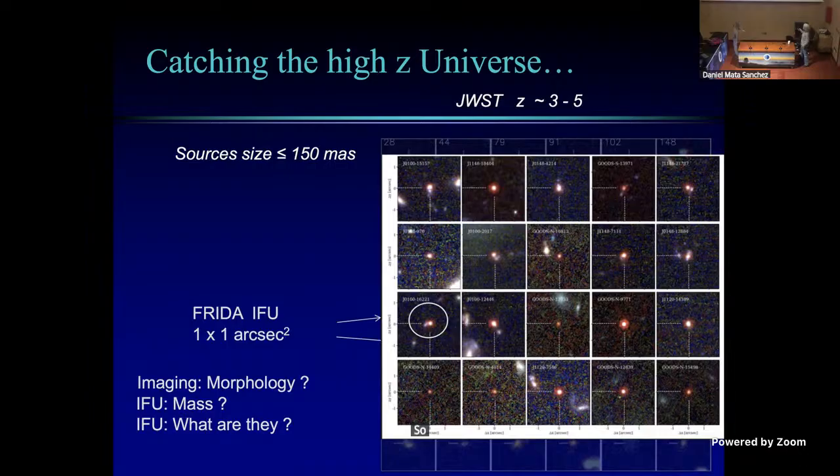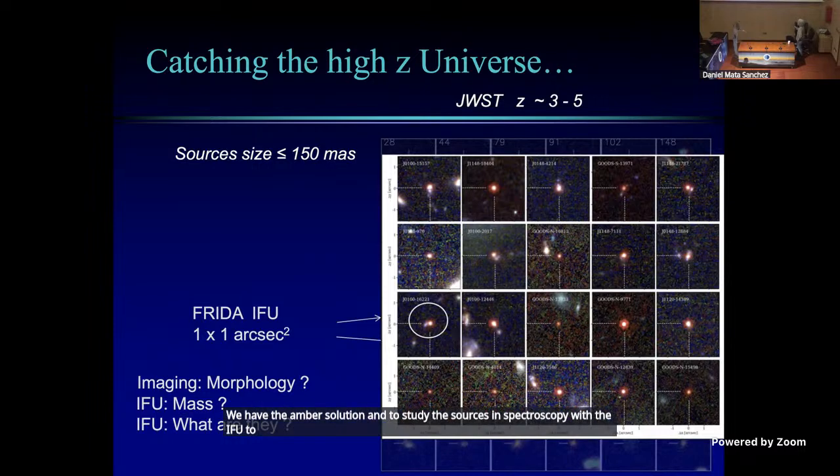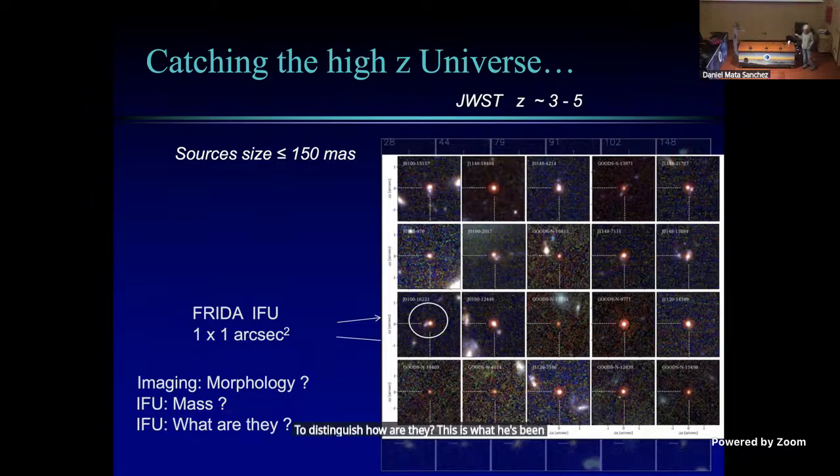The sources are small, and our integral field unit has a field of view small enough to cover any of these sources. We have the angular resolution and can study the source itself with spectroscopy with the IFU, to characterize the source and distinguish what they are. This is what is being done now with the Webb telescope, okay?